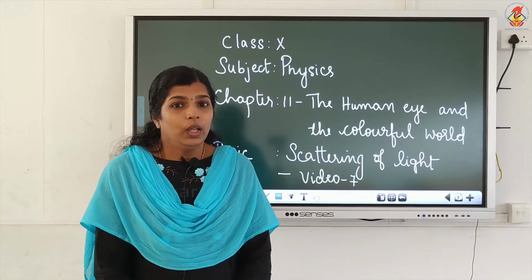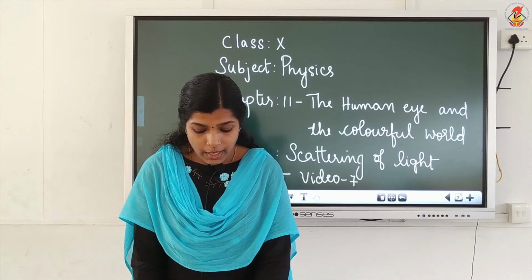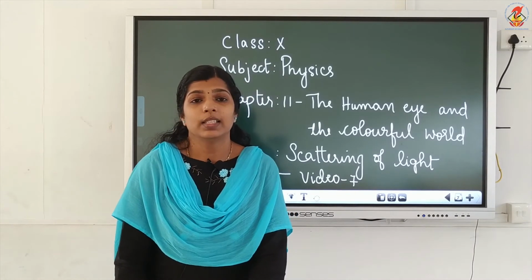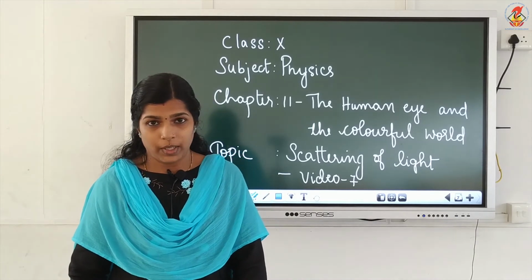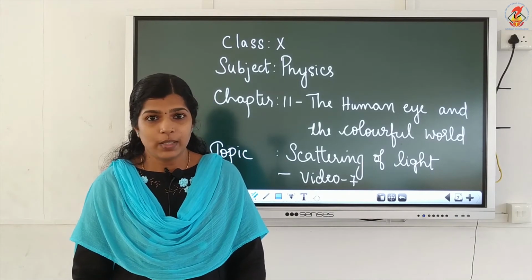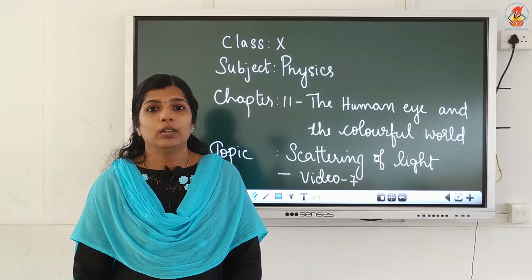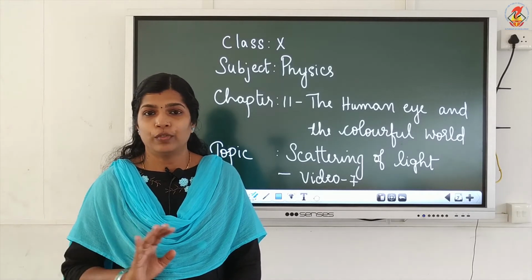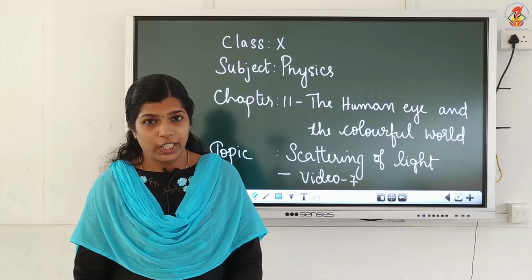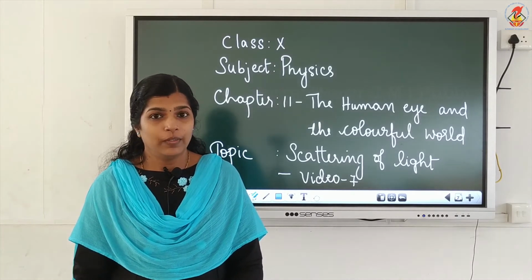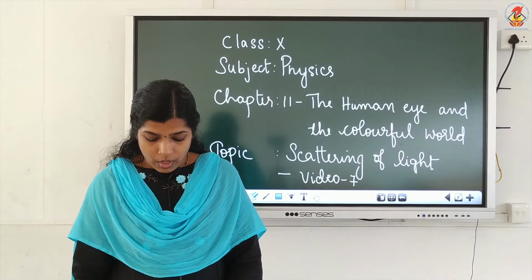So, it depends upon the wavelength of the light and the size of the scattering particle. If the particles are very small, it will scatter the blue side region of the visible ray, means shorter wavelength region. Okay, shorter wavelength region.